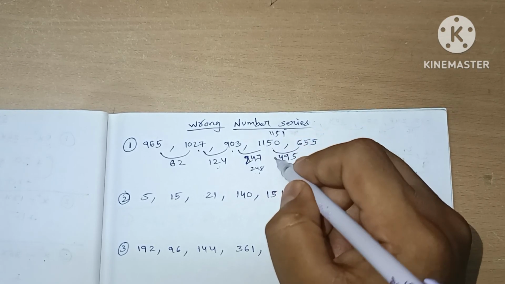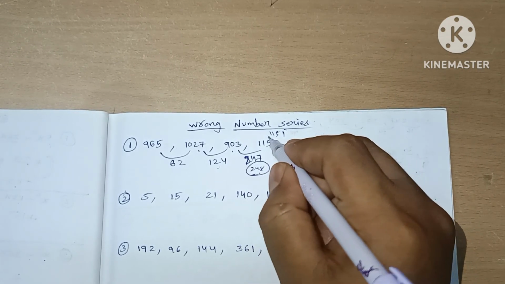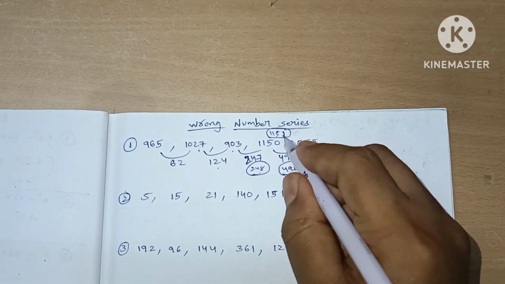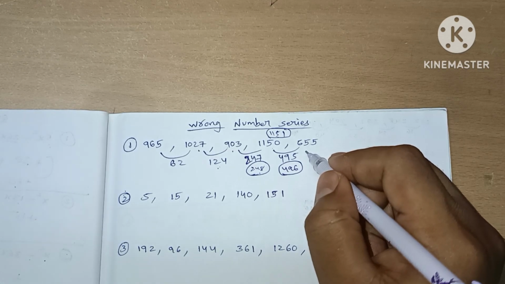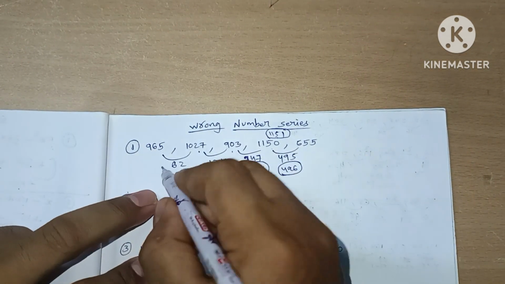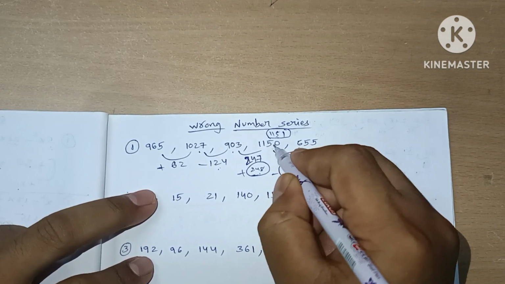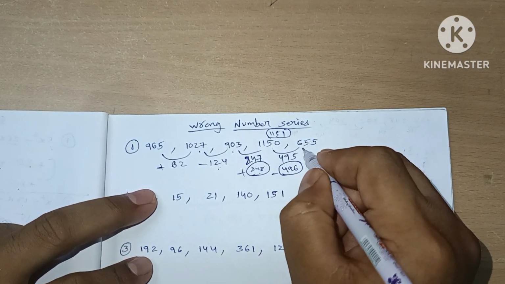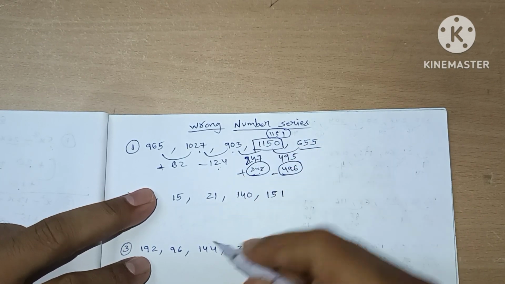So if we have 248, we get 1151, and if we add 496 to this one, we get, sorry, it is plus minus plus and this is minus. If we subtract 496 from this one, we get 655. So our wrong number will be 1150.